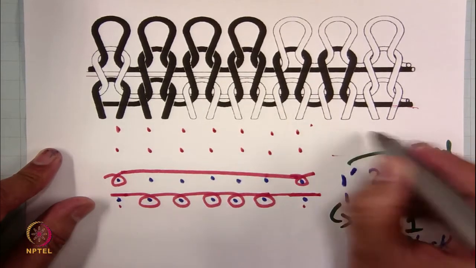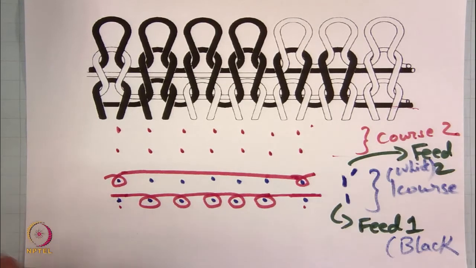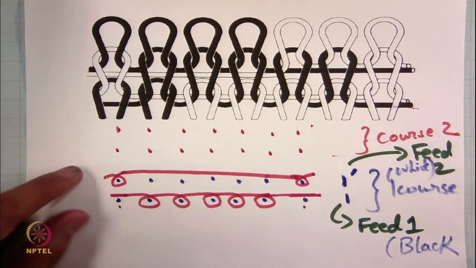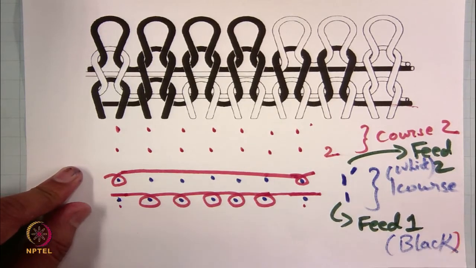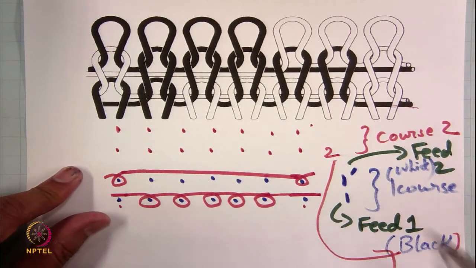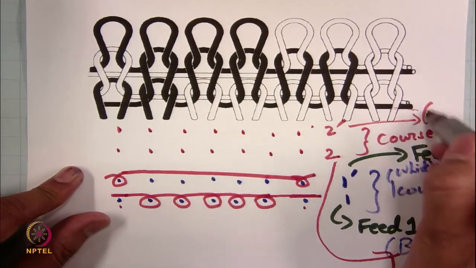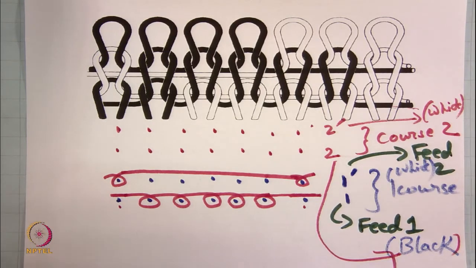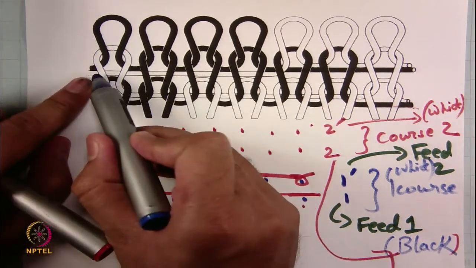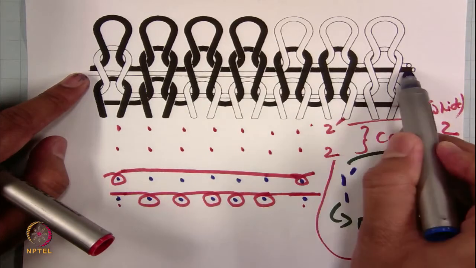So, this is again course number 2, and we can again represent the black feed, and so 2 indicates black color and 2 dash indicates white color, white yarn.